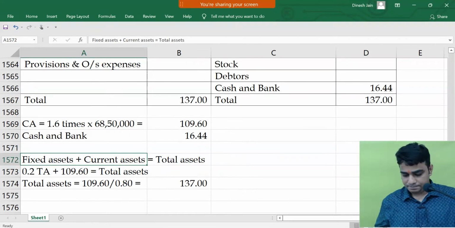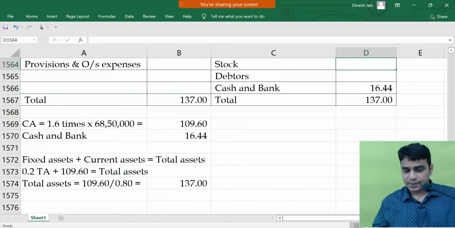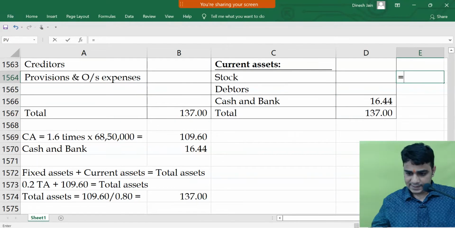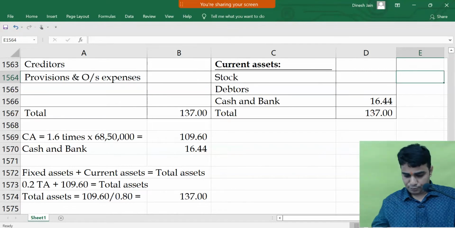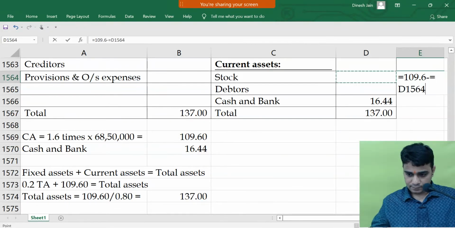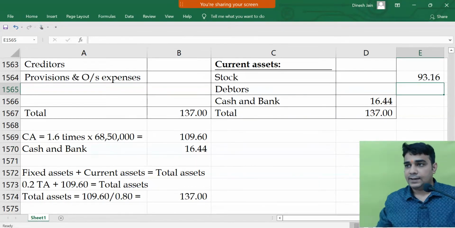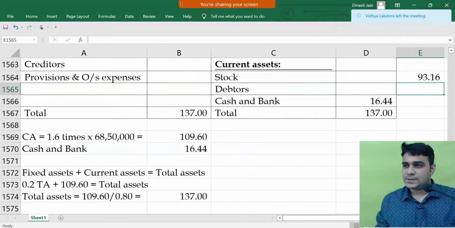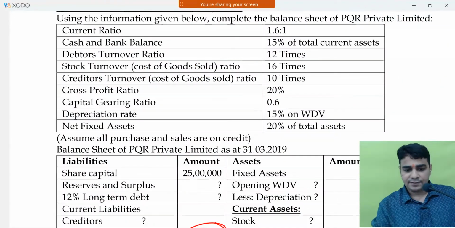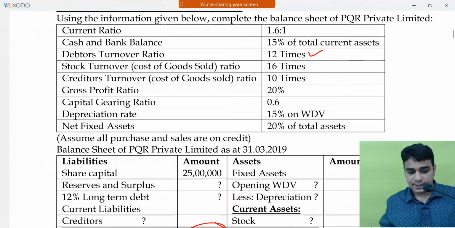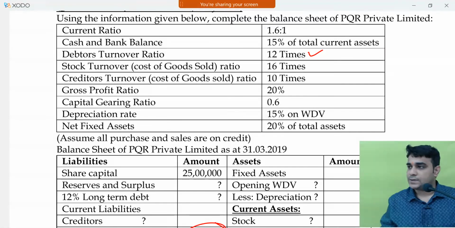Okay. Now slightly tricky, that's why I'm discussing it. What I can say is stock and debtors put together is some 93.16. I don't know how much is stock, how much is debtors. Somewhere they have given a debtors turnover ratio which is 12 times, and a stock turnover ratio which is 16 times.